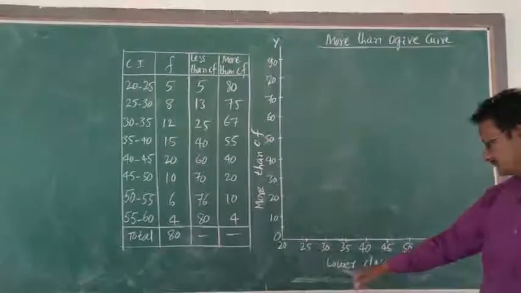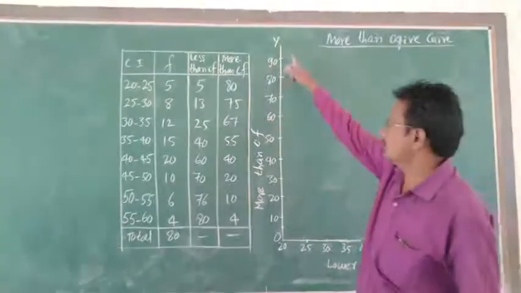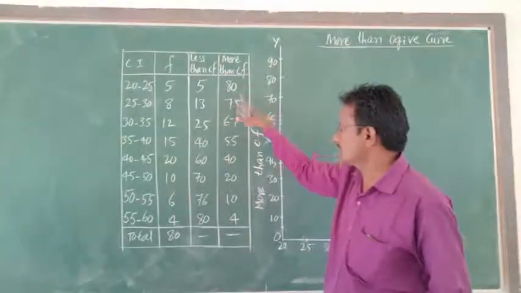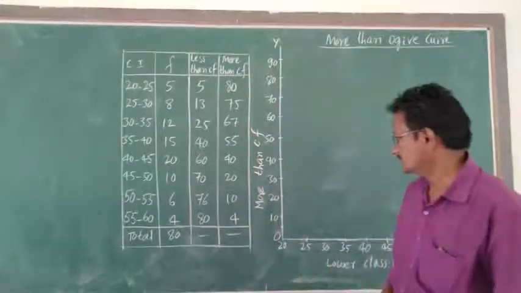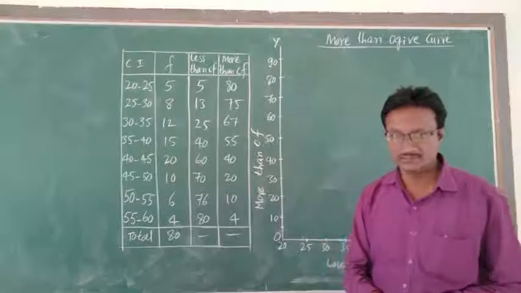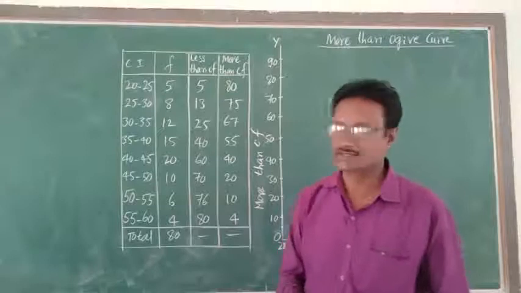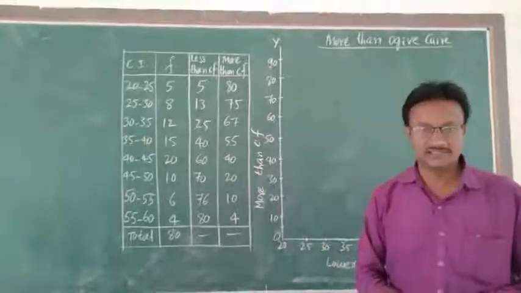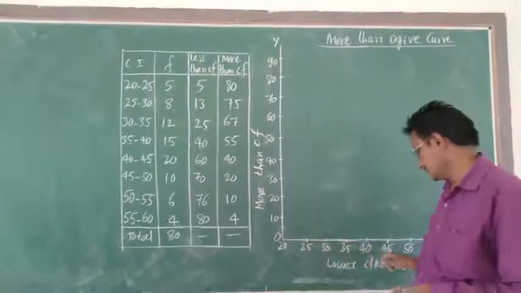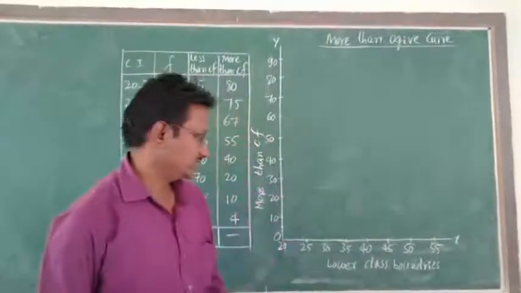Take these values on x-axis, and on y-axis take all the more than cumulative frequencies. The proper scale is 1 centimeter equal to 10 workers on y axis, and 1 centimeter equal to 5 rupees wages on x axis.